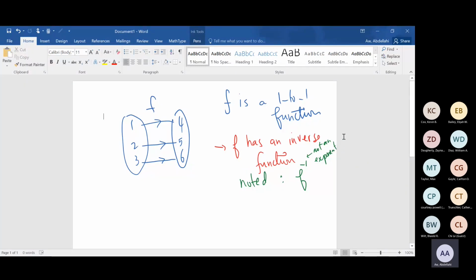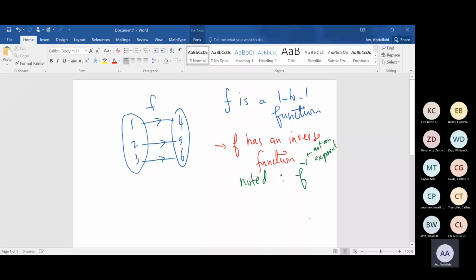So what does f-1 mean? Look, what is f of 1 here? From this one, f of 1 is 4. Since f minus 1 is the inverse, f minus 1 of 4 is 1.